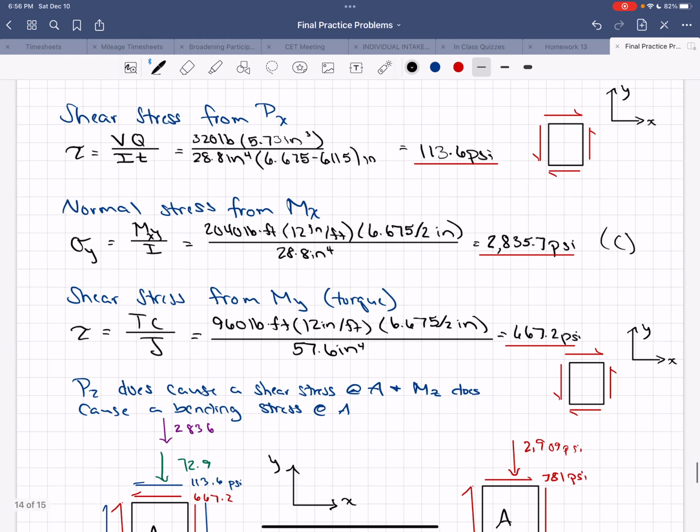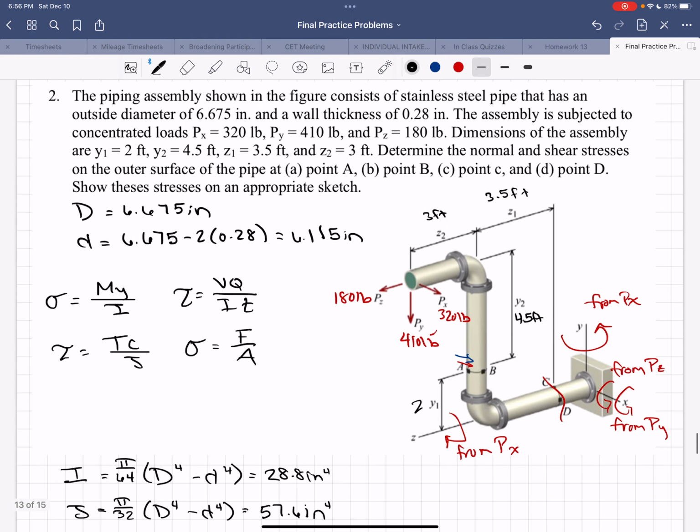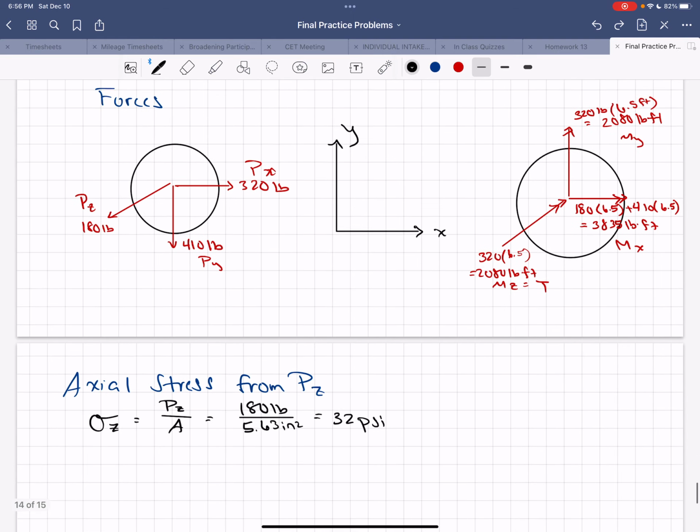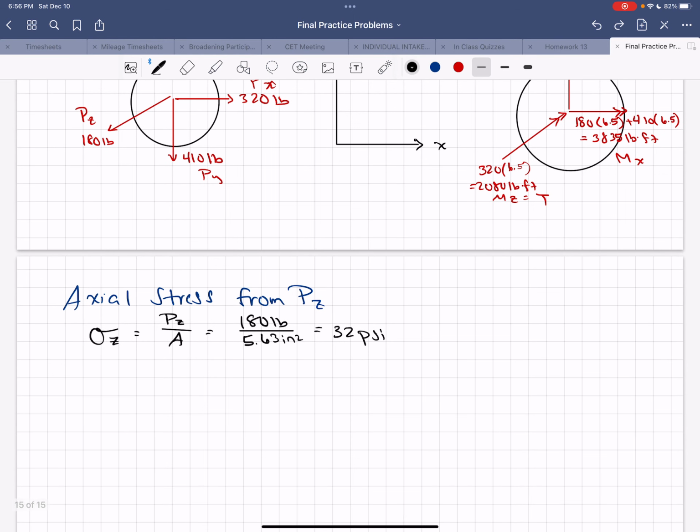We look at how that's acting. PZ is pointed out, so it's going to be in tension. So tension along the z-axis.